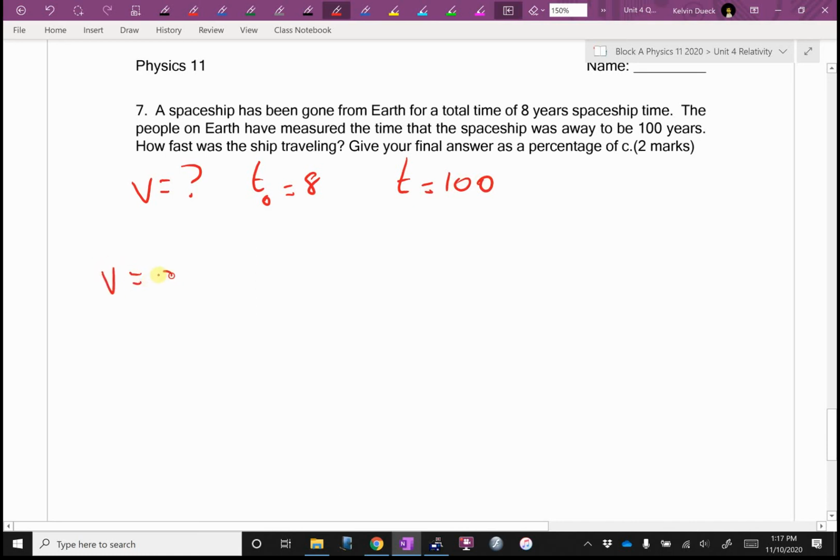V is going to be C times the square root of 1 minus, is it T0 over T all squared? Doing the derivation in my head, and sometimes I get that mixed up.